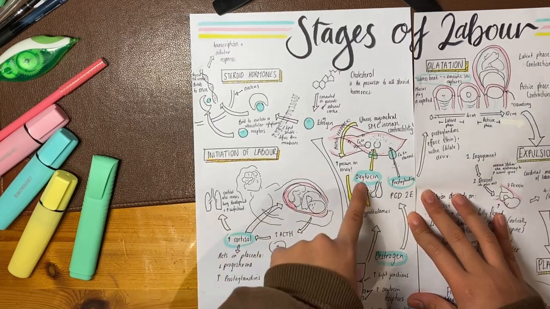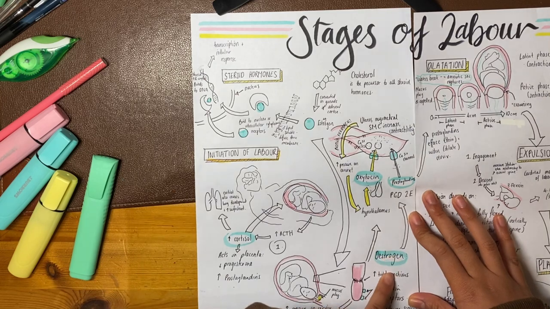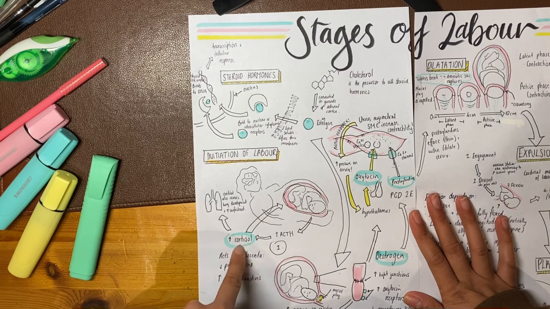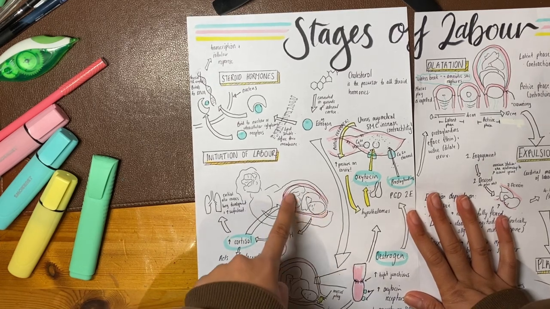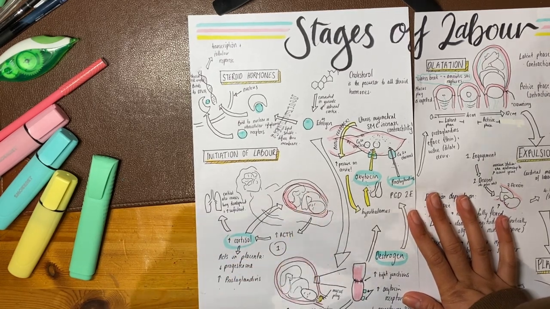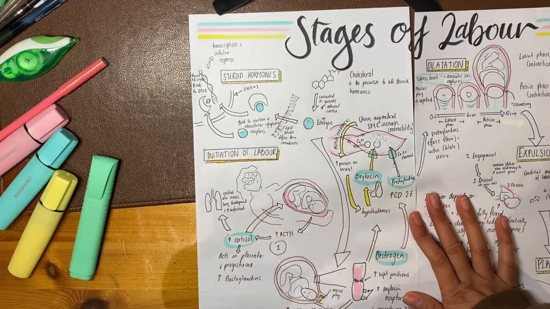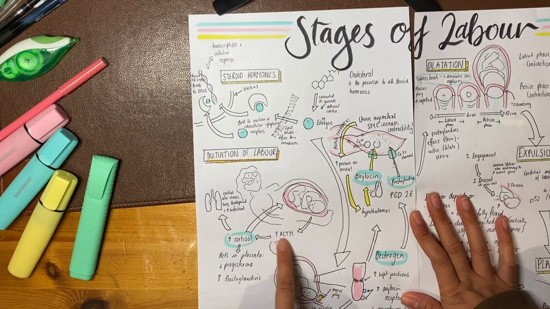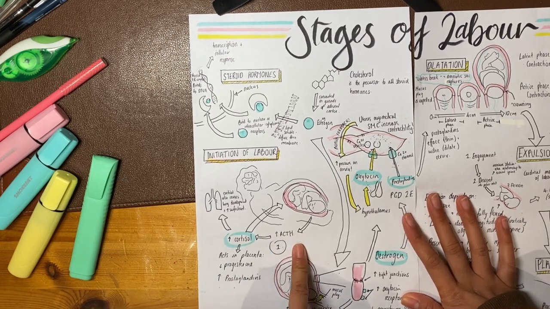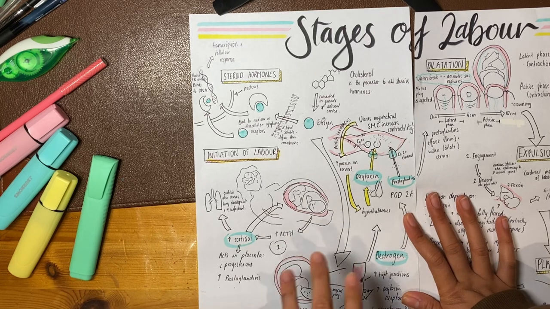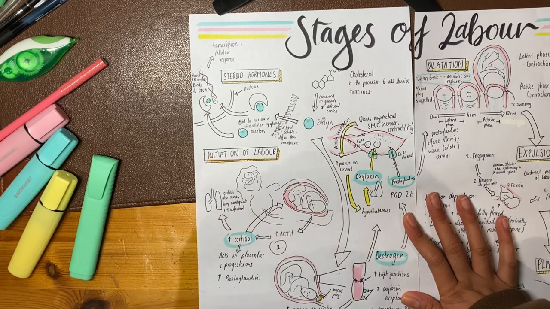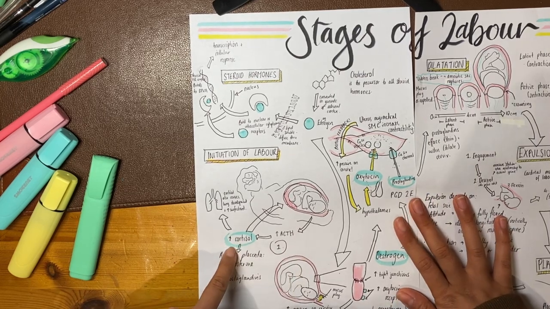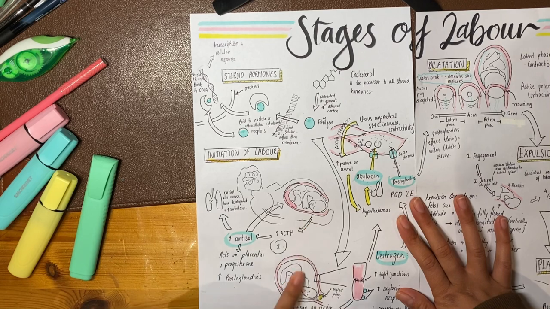I've circled the main players in blue, hopefully you can see, but the first one that we're going to look at is cortisol. So what happens is that as a baby grows, it prepares to exit the womb, it's going to increase the production of corticotropin releasing hormone from its adrenal glands. And this is going to lead to the increased release of cortisol from both the mother and the child.